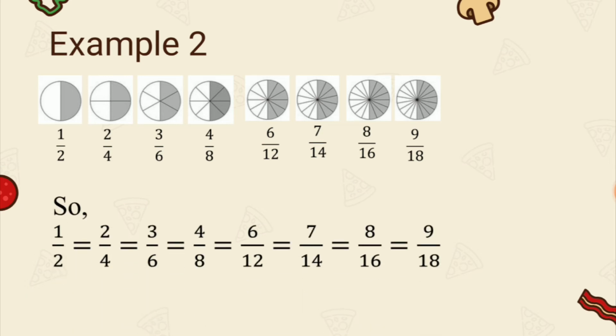So, a half is equivalent to 2 quarters, equivalent to 3/6, equivalent to 4/8, equivalent to 6/12, equivalent to 7/14, until 9/18.